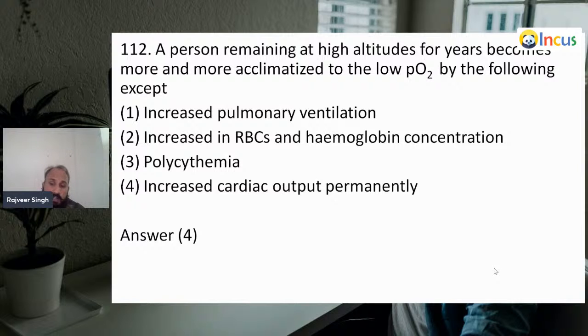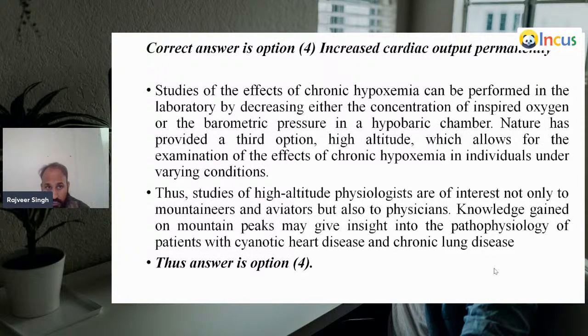Increased cardiac output permanently, because studies of the effect of chronic hypoxia can be performed in the laboratory by decreasing either the concentration of inspired oxygen or the barometric pressure in a hypobaric chamber. Then, nature has provided a third option, high altitudes, which allow for the examination of the effect of chronic hypoxia in individuals under varying conditions.